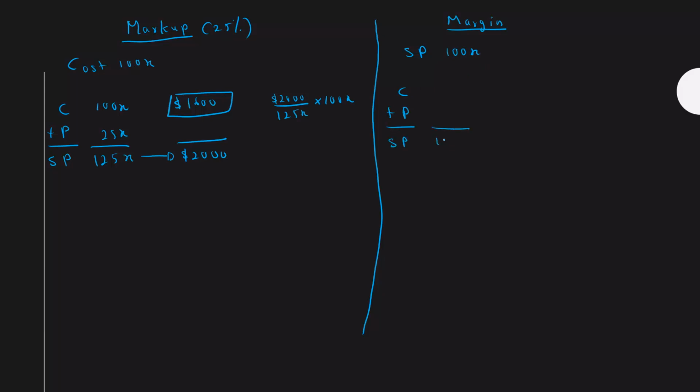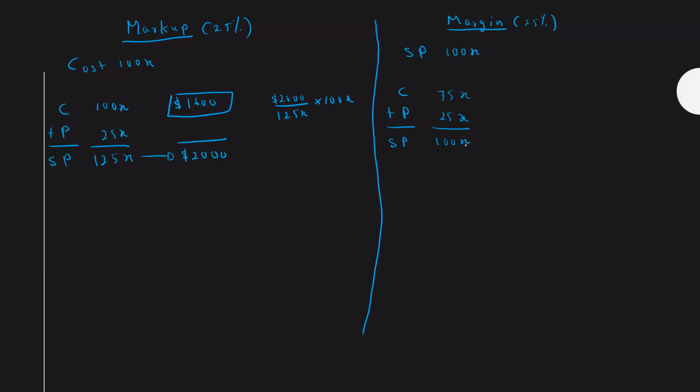Under the margin method, profit will be calculated based on the selling price. So if the selling price is 100x and the percentage is 25, then the profit should be 25x. If profit is 25x, then your cost should be how much? Do a reverse calculation and find out.